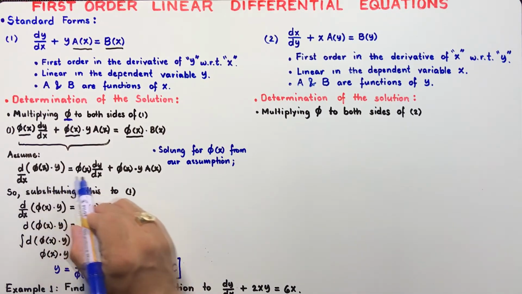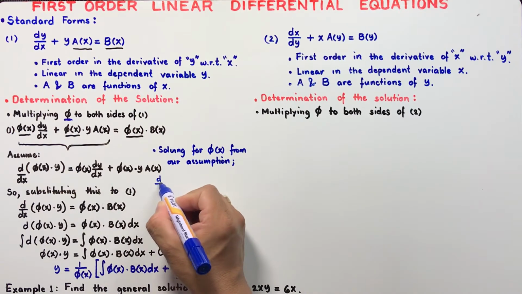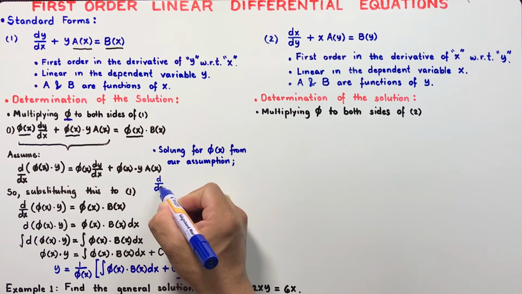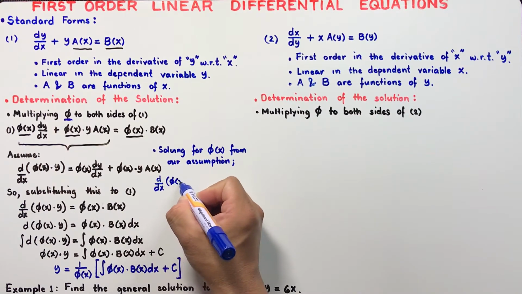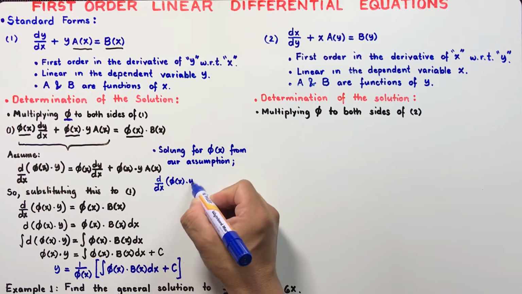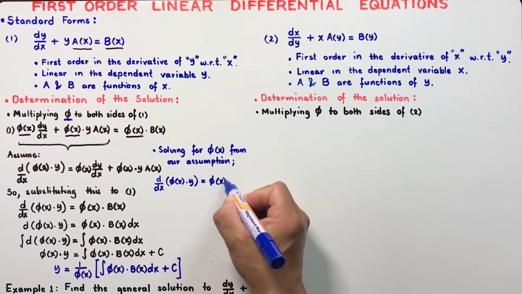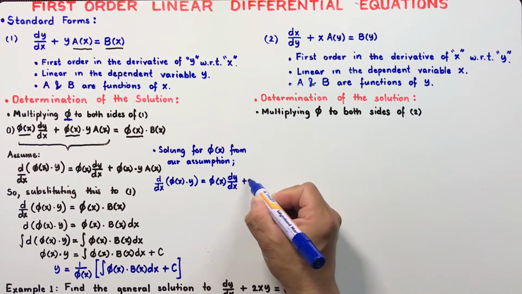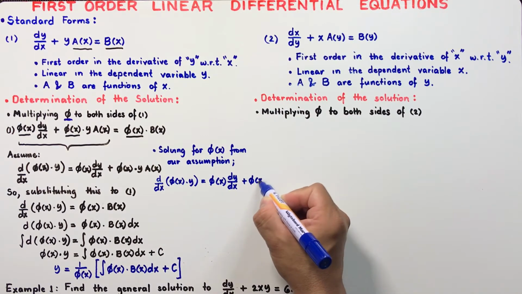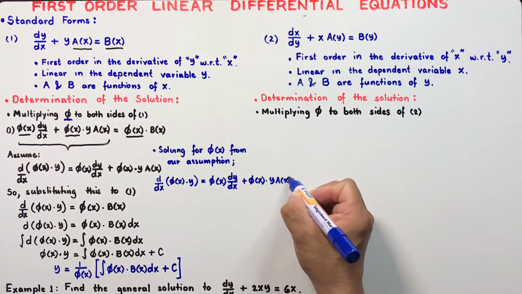From this one here. So if we write this one, the derivative with respect to x of phi of x times y, which is equal to phi of x dy/dx plus phi of x times y times a of x.